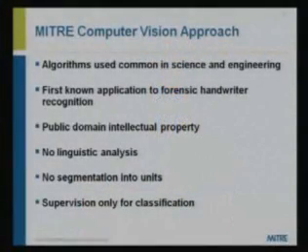So the choice of the algorithms that were used were common in the science and engineering field, especially the computer vision world. They do not correspond to anything that would commonly be used by forensic handwriting examiners. And again, these choices were driven more by a systems engineering point of view than any tradition of handwriting identification.